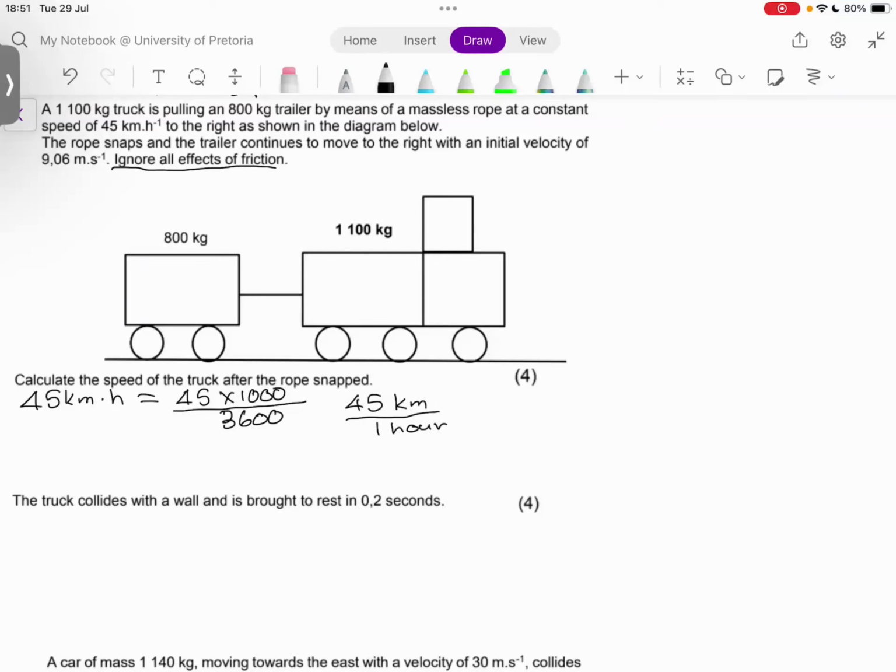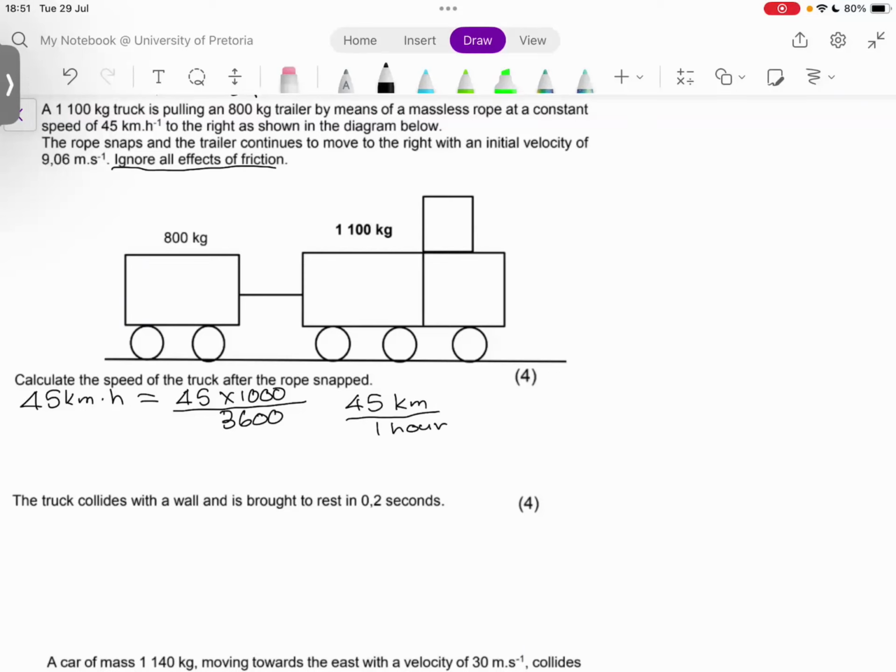And we end up with 45 times 1,000 all over 60 times 60, which is the same as 45 times 1,000 all over 3,600 meters per second. We haven't forgotten about these units over here. Cool.